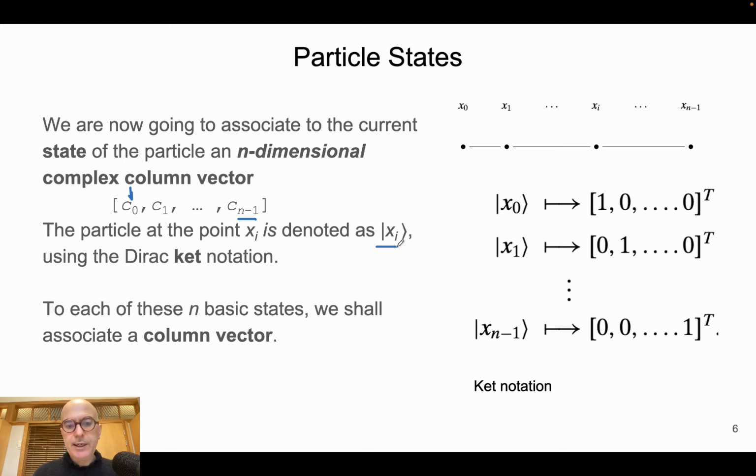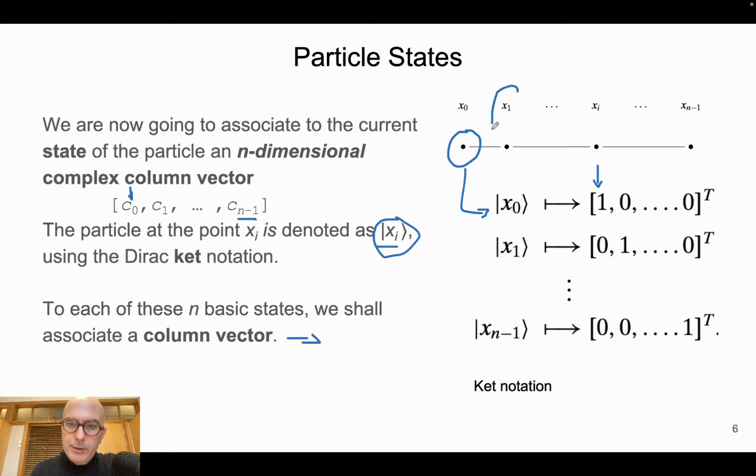To each of these n basic states, we shall associate a column vector, so the column vector is a ket. So let's see. If our particle is in the x0 position, then we can express it using this ket, that is a column vector, where we put a 1 in the first position.